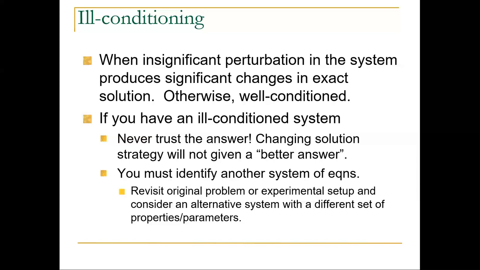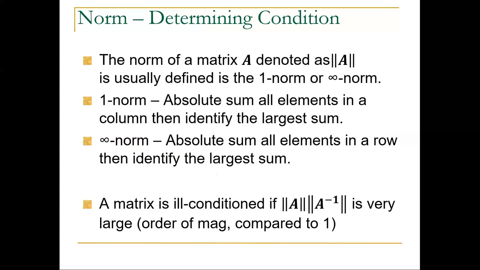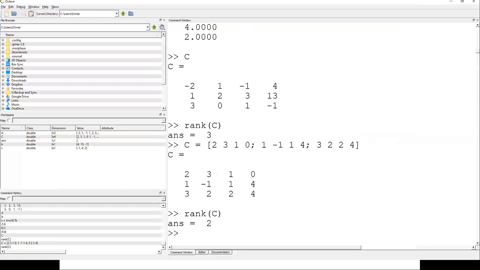So for ill conditioning, you're going to use a property called the norm, the norm of the matrix. Again, this is something in MATLAB. You just type norm. Quite simple. I think there may also be a condition function. It's the norm of not the augmented matrix, but the coefficient matrix.